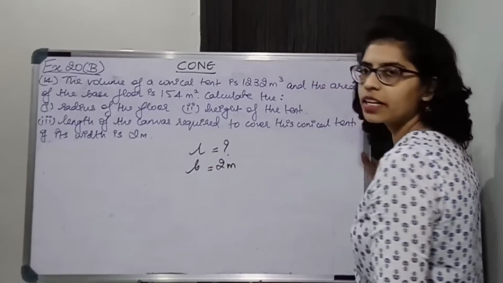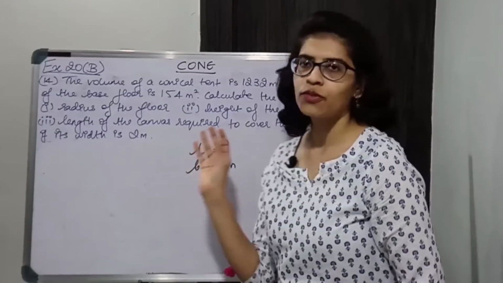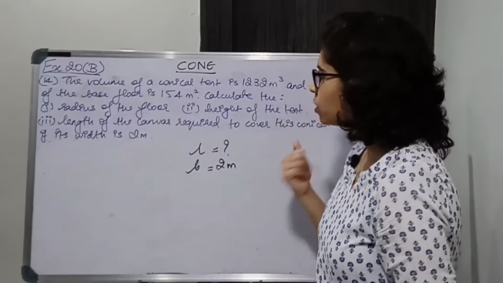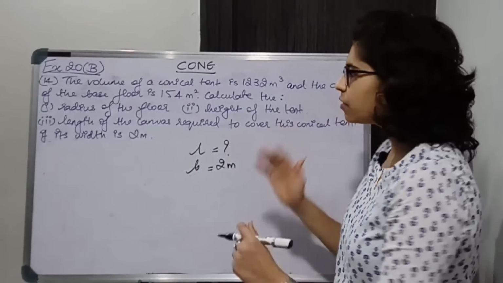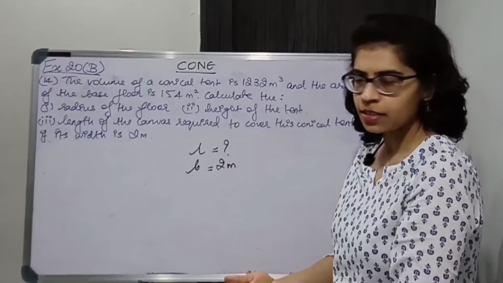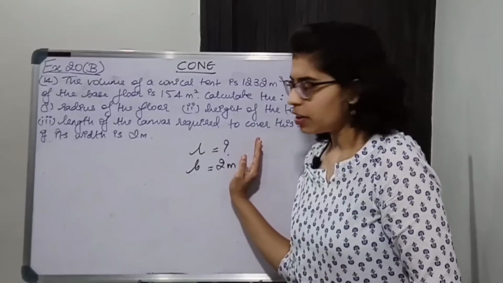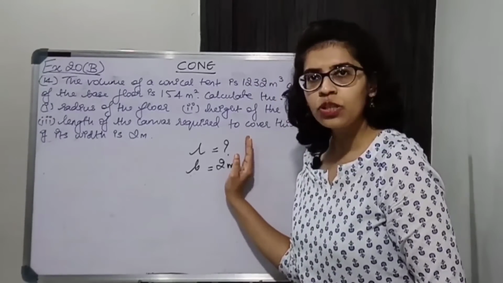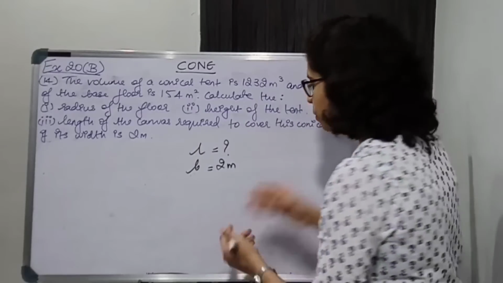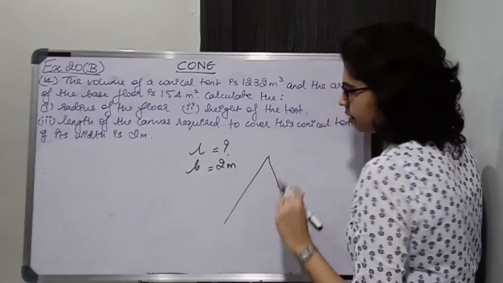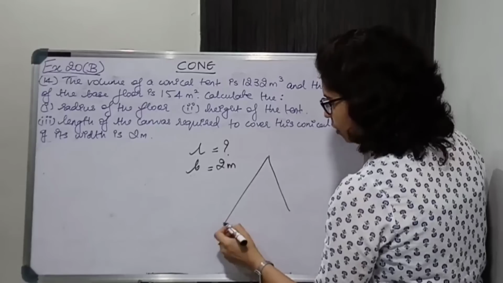So length into breadth is the formula of a rectangle. This canvas is rectangular in shape and we are using it to cover the conical tent. So the area of this canvas is equal to the curved surface area of the conical tent, because we are covering the conical tent only from the top, not the base area.